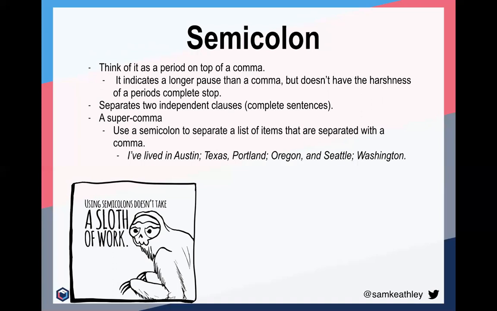And you can only use a semicolon in a sentence to separate 2 independent clauses. And an independent clause, for people who don't know the terminology of writing, is like 2 complete thoughts, 2 complete sentences, ideas that can hold on their own.